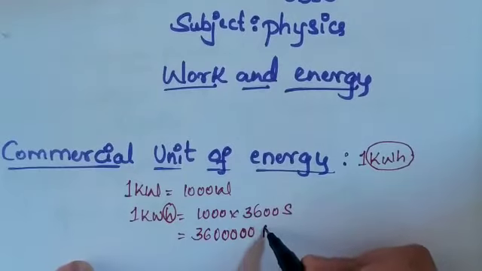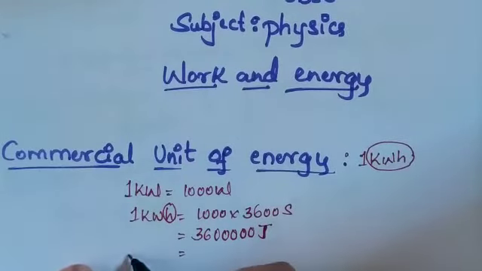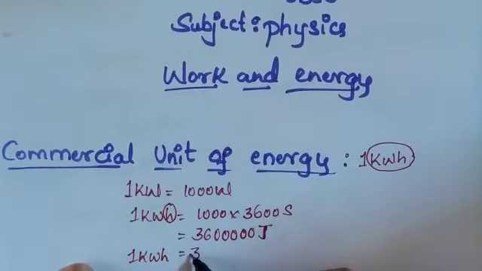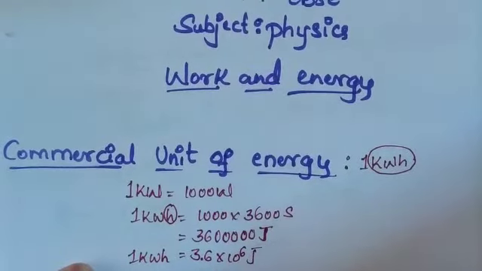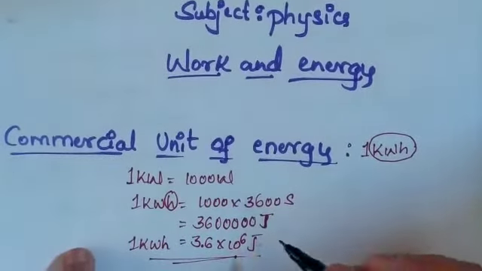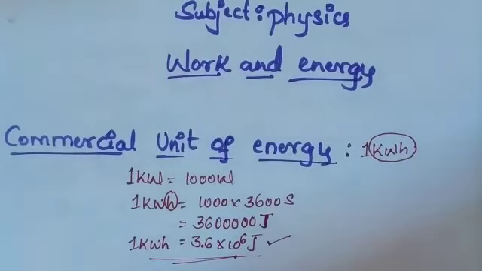That is the energy in joule. So 1 kilowatt hour is 3.6 into 10 to the power 6 joule. This is very important.